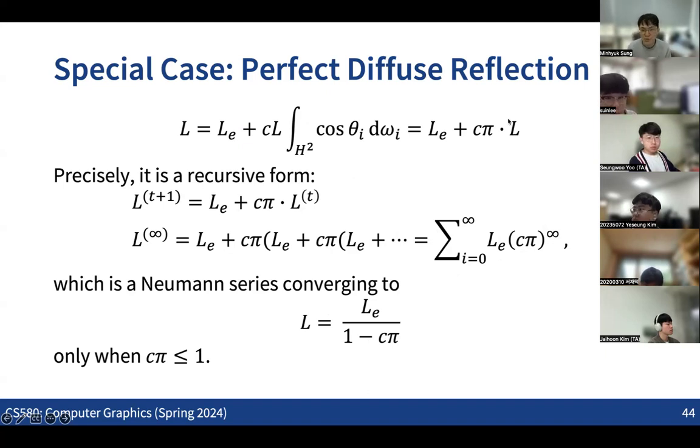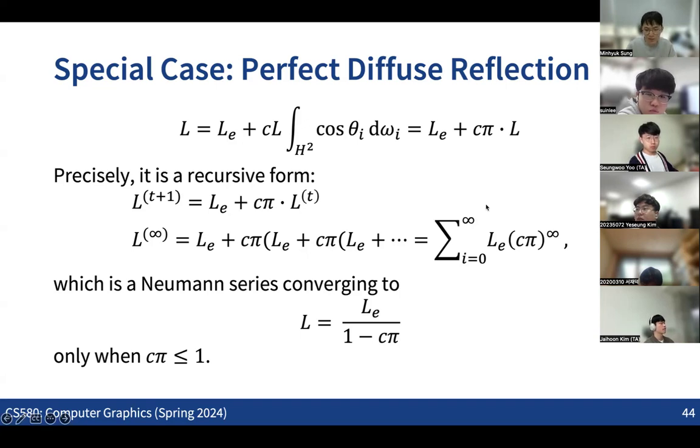So this is a very special case where we can calculate the analytic solution to the LTE. We also need to check that, because it is a recursive form, in certain situations the equation will explode, which means that C should be a certain amount so that the LT can converge to a finite number. That makes the scene energetically balanced. But this is a special case.